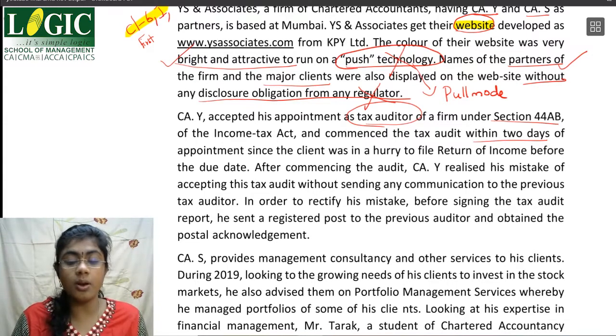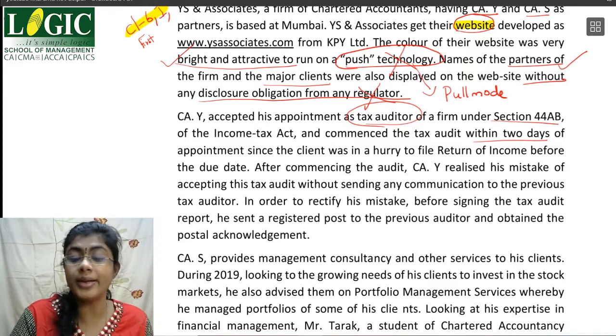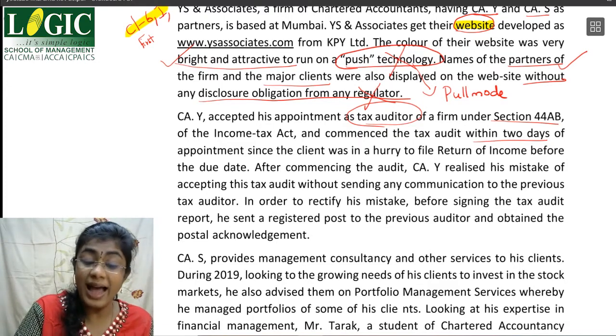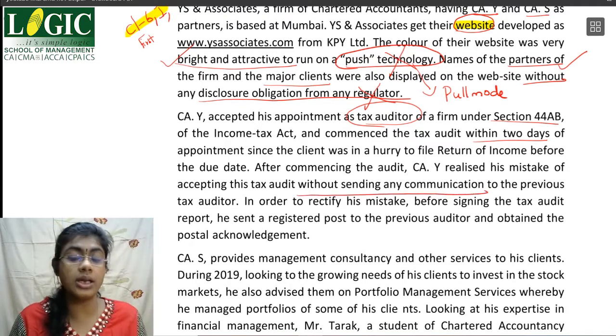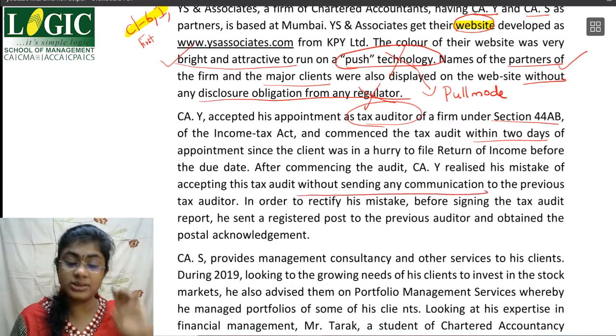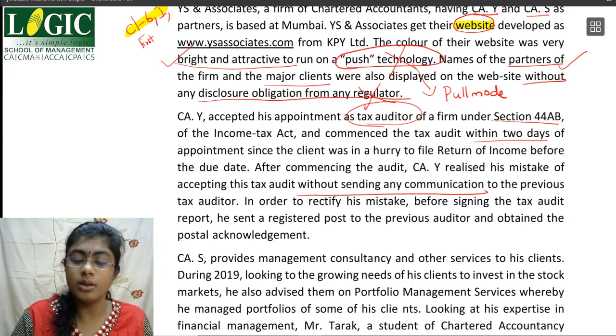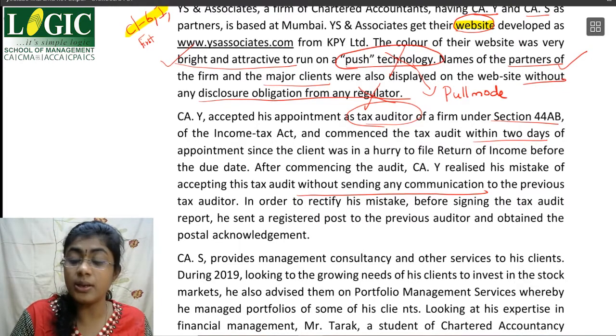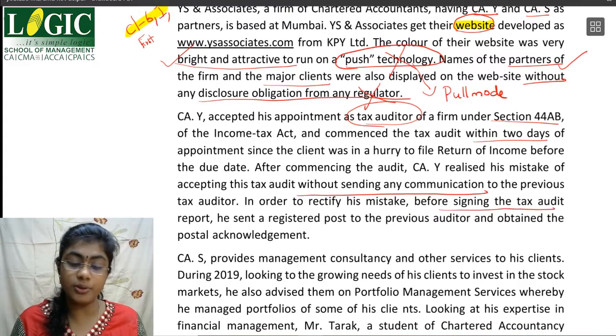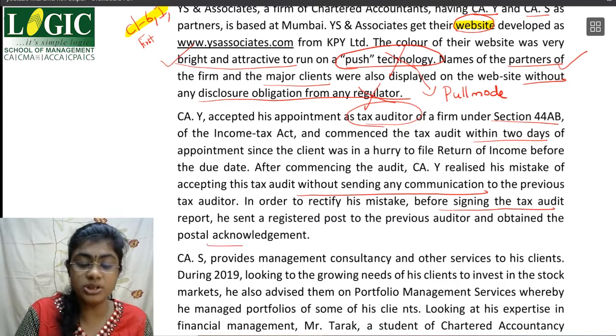After commencing the audit, CAY realized the mistake of accepting the tax audit without sending any communication to the previous auditor. So he has accepted the tax audit without prior communication. In order to rectify the mistake, before signing the tax audit report, he sent a registered post to the previous auditor and obtained the postal acknowledgement.